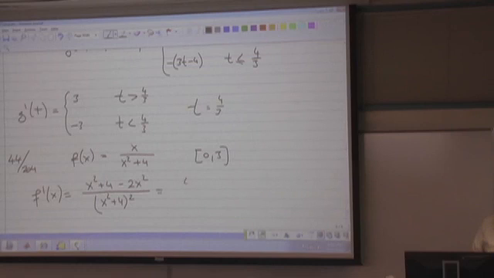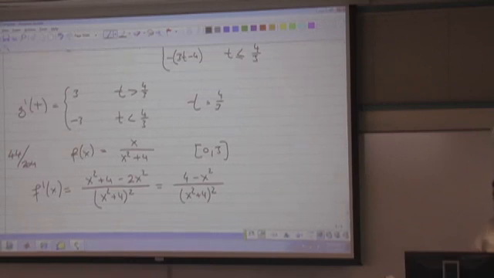And so this is just 4 minus x squared divided by x squared plus 4 quantity squared. So far so good? If we set this equal to 0, it means 4 minus x squared has to equal 0, so x is plus or minus 2. Right?